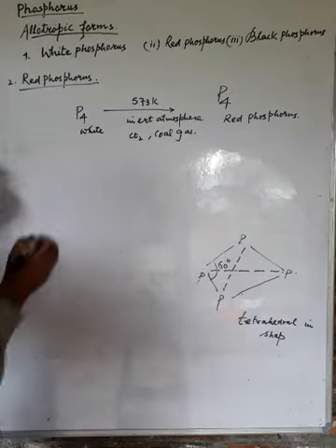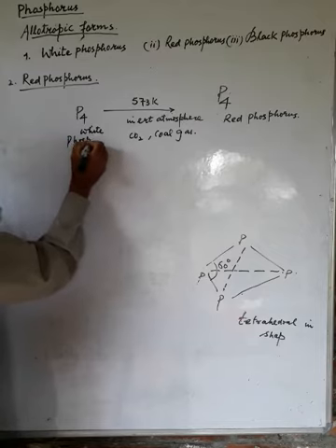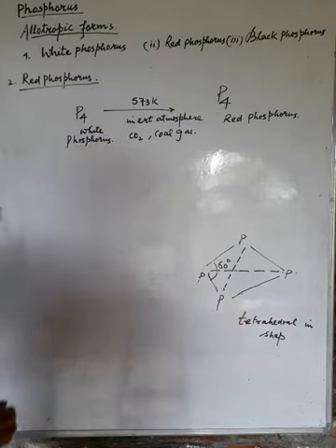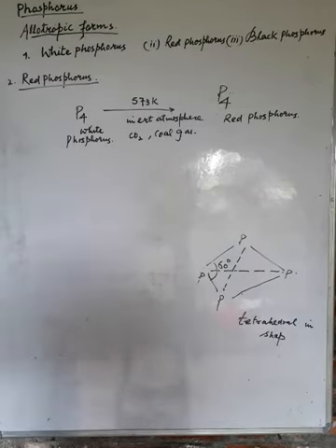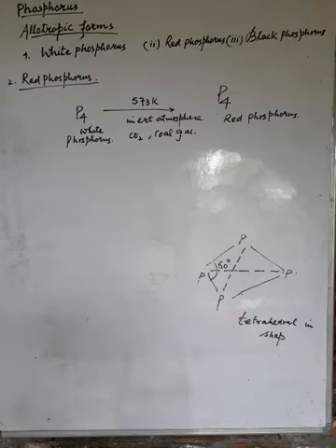Like white phosphorus, the red phosphorus also exists as P4 tetrahedra, but these are joined together by covalent bonds and therefore form a polymeric structure.